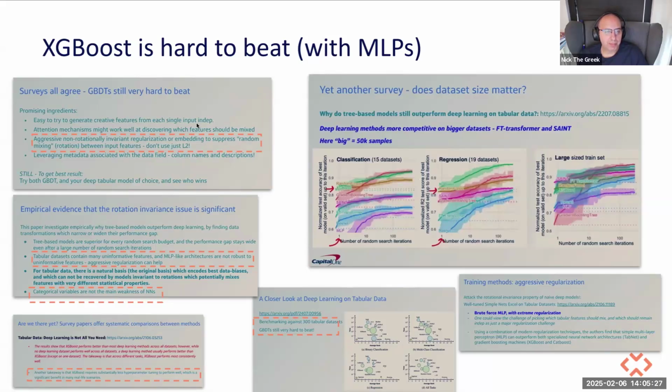But in general, people have come to the conclusion that the reason why tree models are hard to beat is because deep learning models have a property which is very hostile to tabular models, which is that they are rotation invariant. What the term rotation invariant means is that if you permute the columns, that's not a problem.